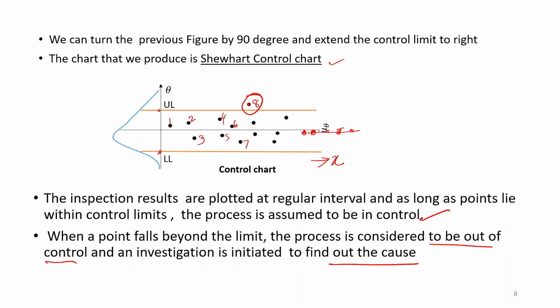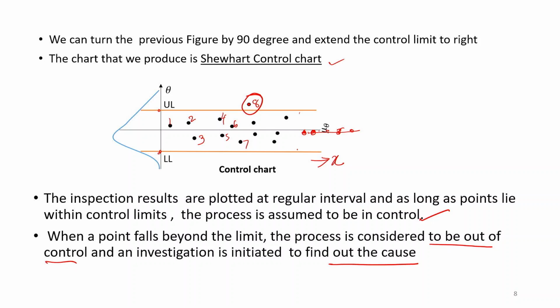And maybe after taking corrective actions, the subsequent readings are falling between the two limits. So we can say that whatever corrective action has been taken has given the right result.